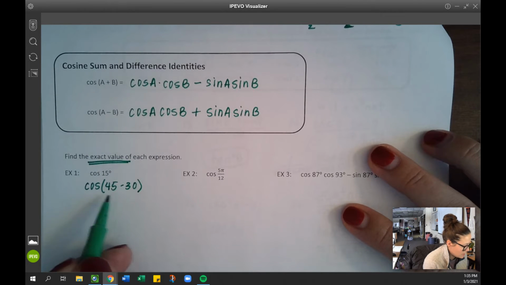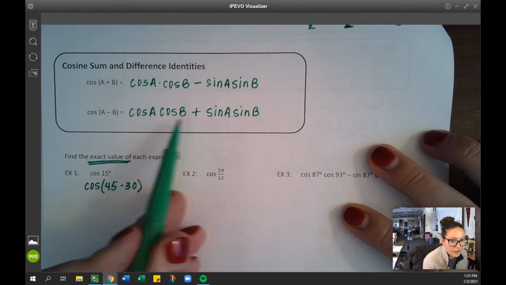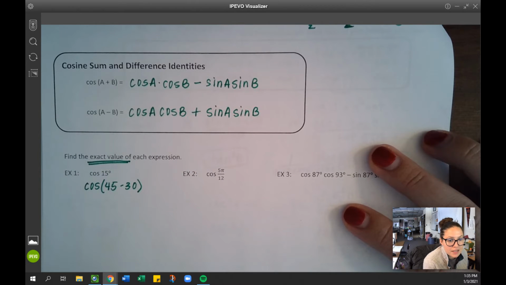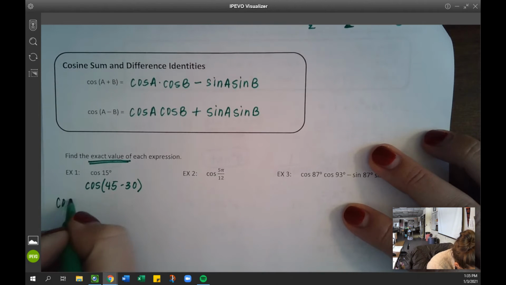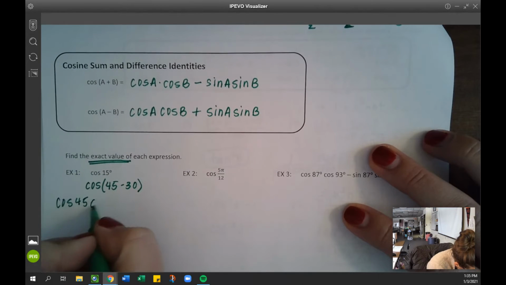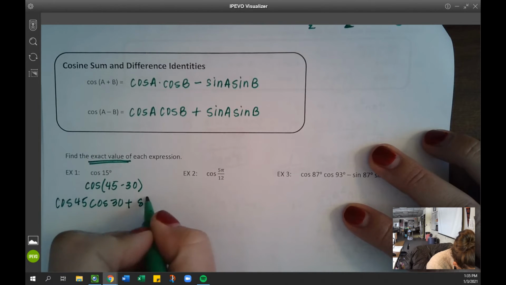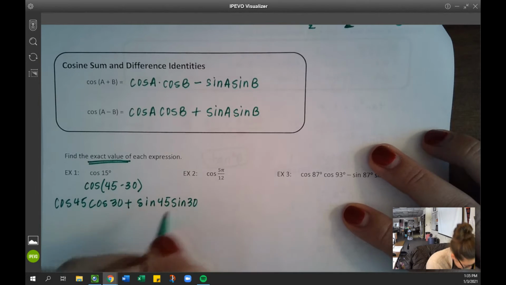So what I'm going to do is I'm going to find the difference of these two. So I'm going to use this formula right here. Everywhere I see an A, I'm going to put 45. Everywhere I see a B, I'm going to put 30. So we're going to have cosine 45, cosine 30, plus sine 45, sine 30.